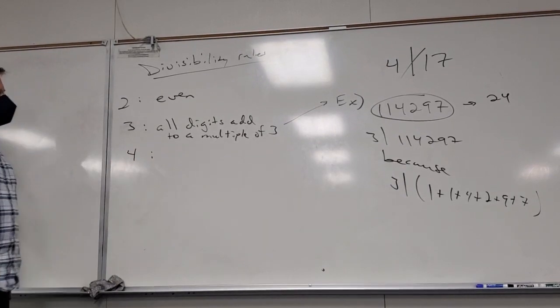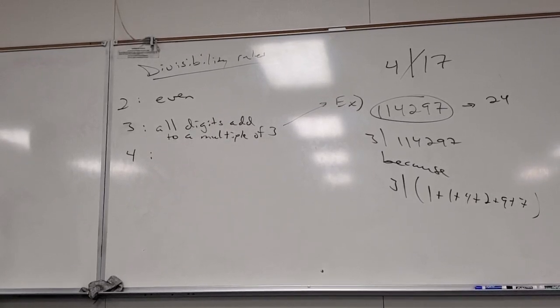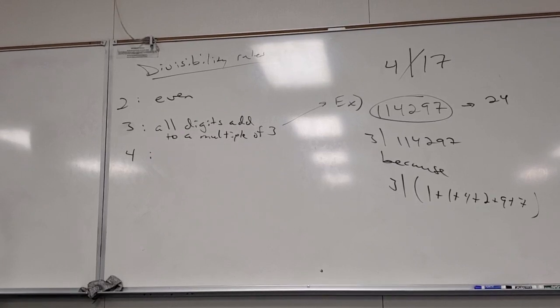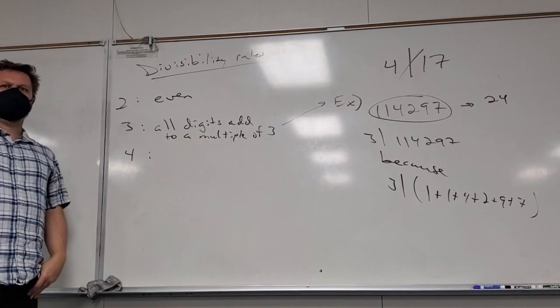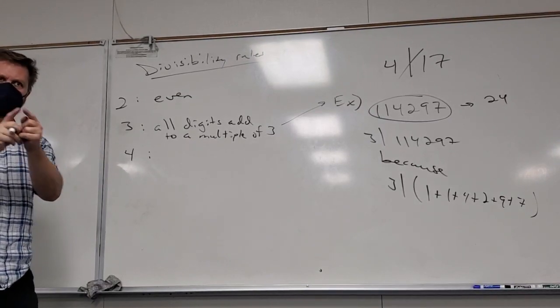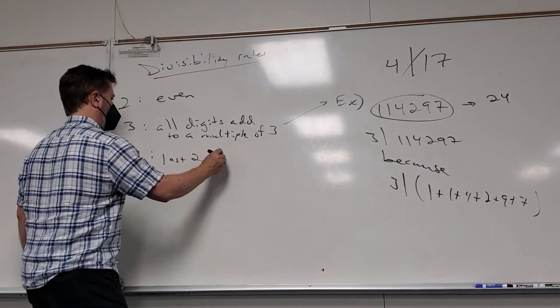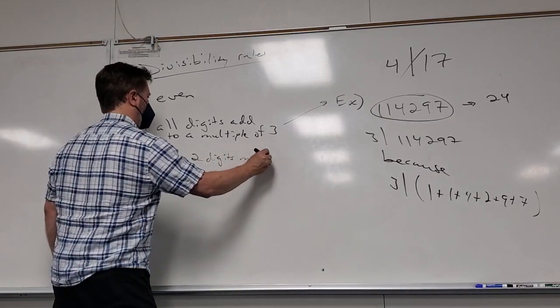Now 4. I'm almost certain we talked about 4. The 25% thing there. So for a number to be divisible by 4, the last 2 digits have to be a number divisible by 4. Because then everything else is hundreds.